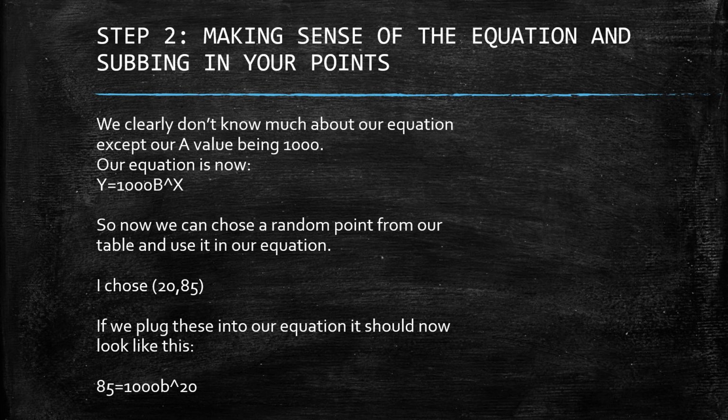I chose the point (20, 85). If we plug in these points into our equation, it should now look like 85, which is our y value, equals 1000, our a value, times b, which we don't know yet, to the power of 20.